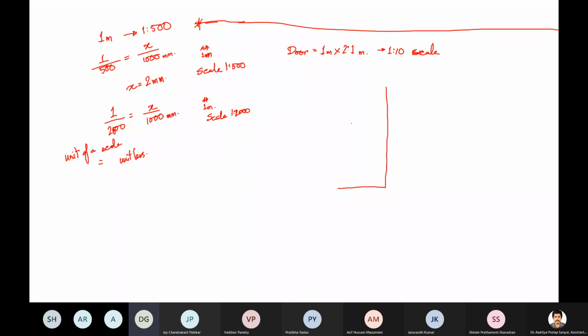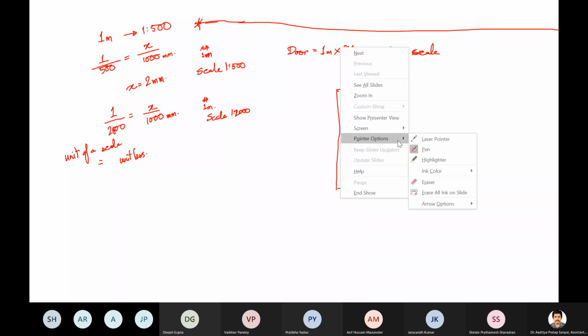Sir, 100 mm. And vertically? 210 mm, sir.